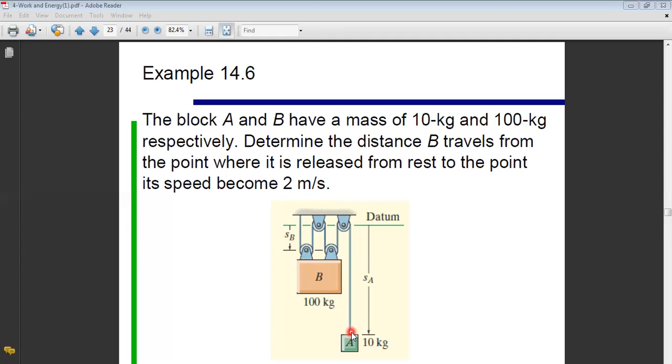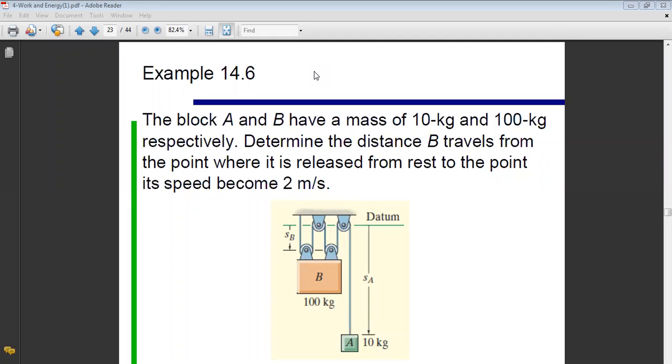So if we write the total length of the cord, we have SA plus 1, 2, 3, 4 SB, and of course plus a constant, but as I told you before, the constant will be eliminated when we derive, okay?